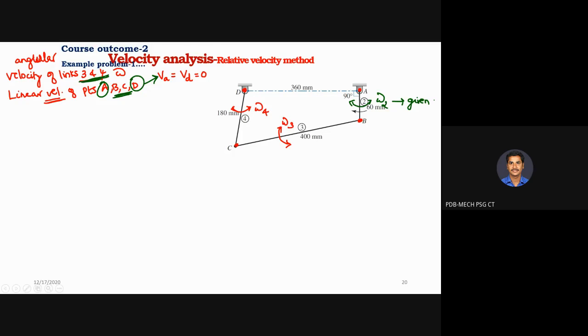How to proceed? Now I am going to consider only link AB. Let me consider only link AB here. So this is my point A and this is my point B. I am going to find out the velocity at point B, so I am going to consider only the link AB.